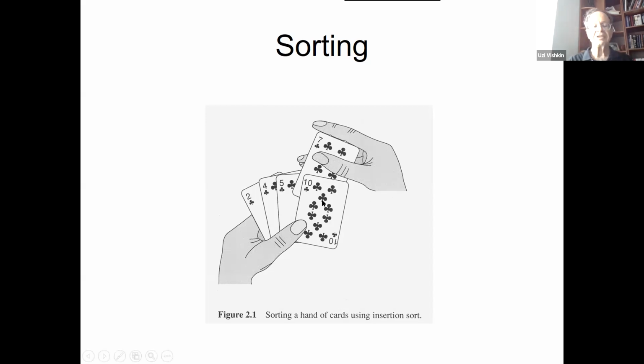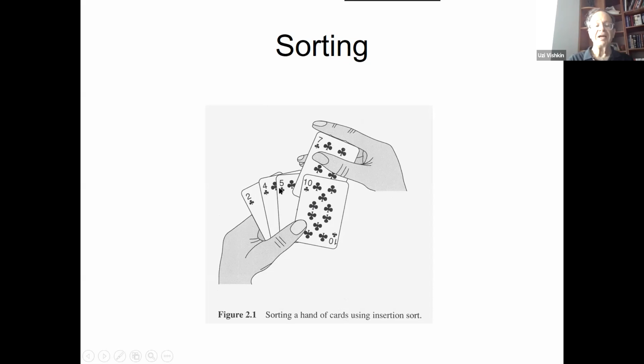Why do I claim that it's an artificial algorithm? Because how would you actually apply insertion sort if you were to sort cards? The first thing that you will do, you will not compare 7 to 10, right? What you will do is you compare 7 to the middle element.